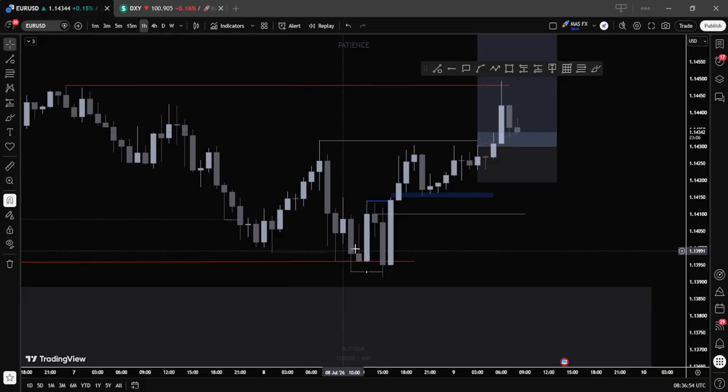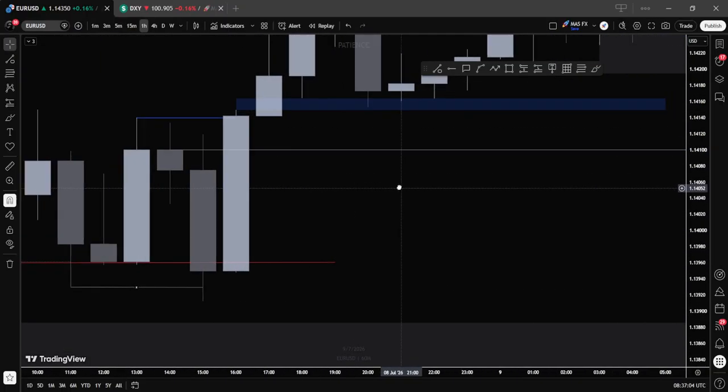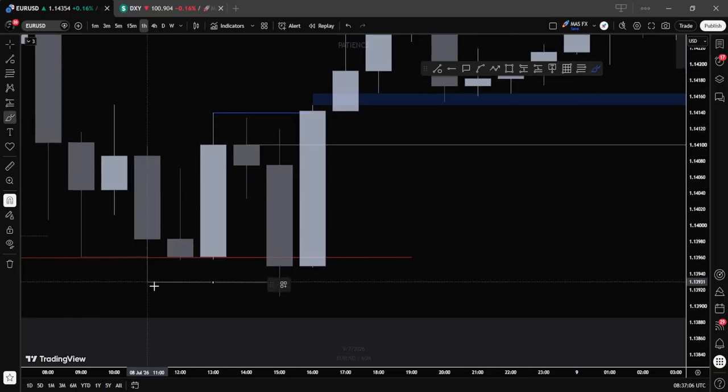So yeah, after the liquidity sweep over here, we had our change of character. That's this blue line over here. Let me zoom in. You can see we had a sweep of liquidity, market structure shift over here. That's where we had our change of character, and we had a fair value gap right above that.